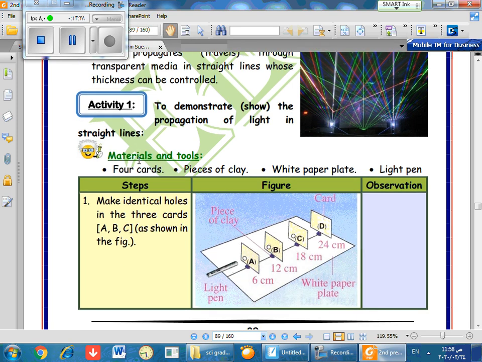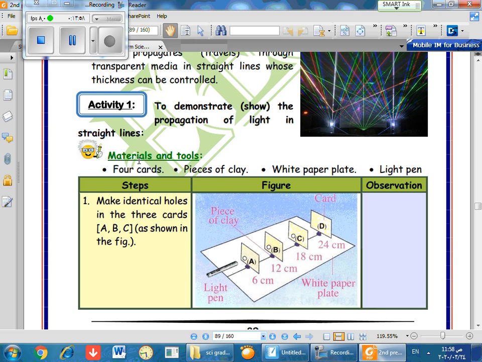We have a small activity here. If you have 4 pieces of carton, and you put the source of light in front of the first one, and make 4 holes at the same point in the 4 pieces of carton, what will happen? Light travels through the 4 pieces of carton and reaches the second side.